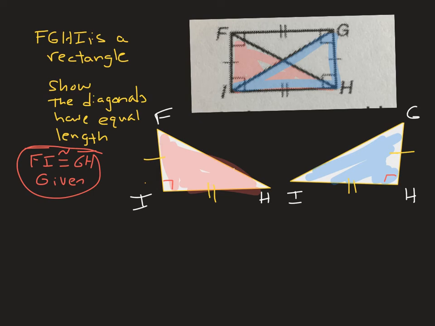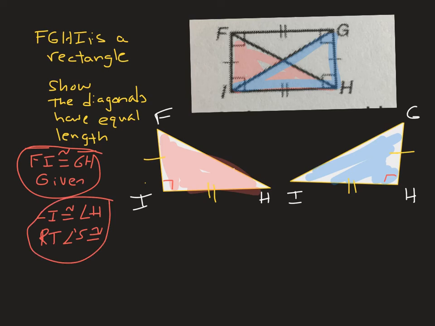What else do we know? Well, we know that angle I is congruent to angle H. Why? Because right angles are always congruent to each other. Right angles are congruent. So that's the second statement.